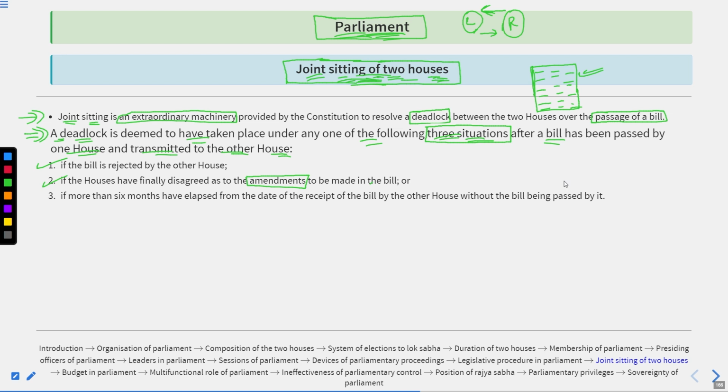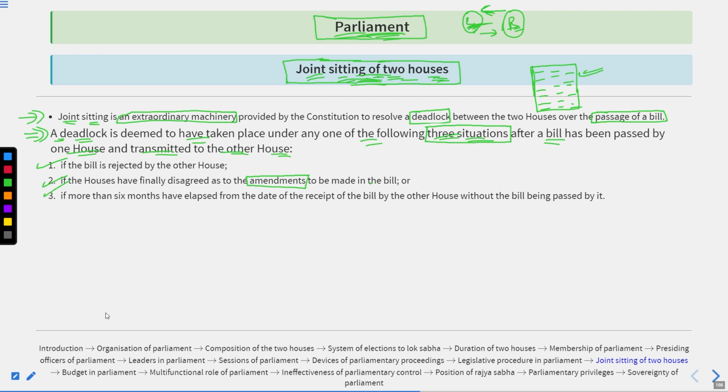If the Lok Sabha rejected those amendments and said the bill must be passed in its original form, then it will be a deadlock. Why? One house passed, the second house introduced some amendments, and the house which had passed it earlier rejected those amendments. Then this will be a case of the second condition.